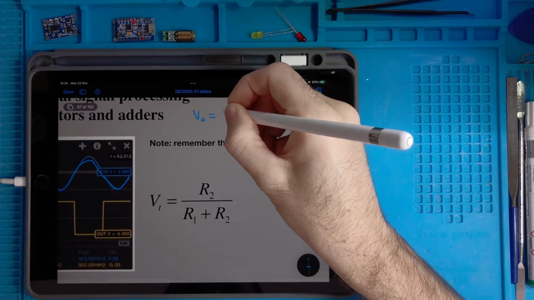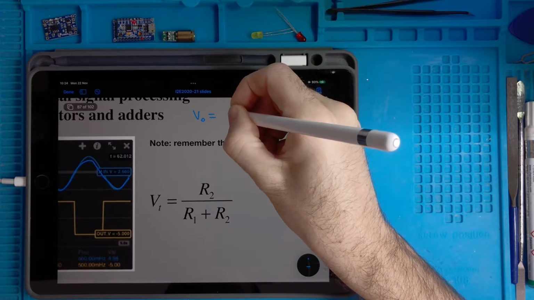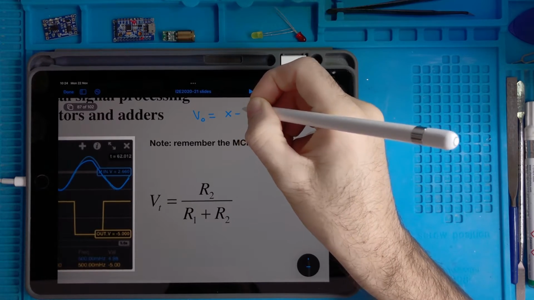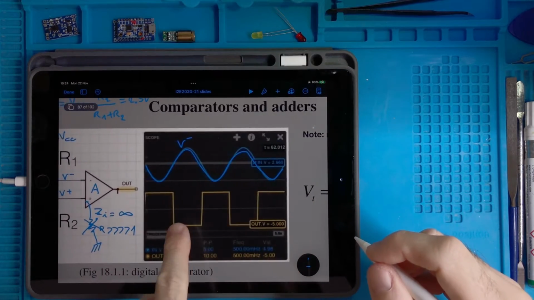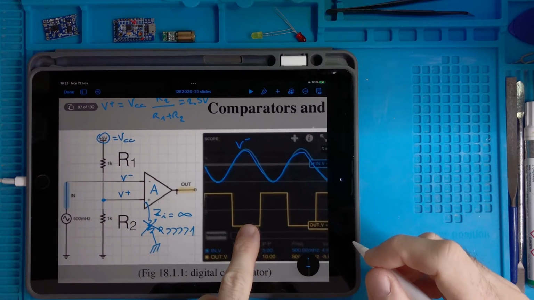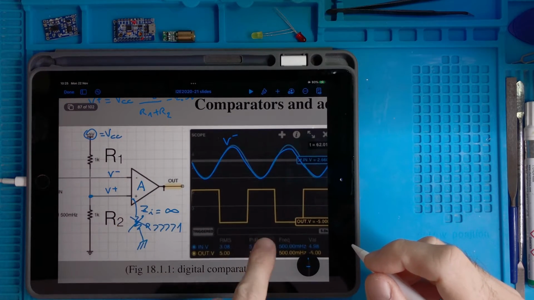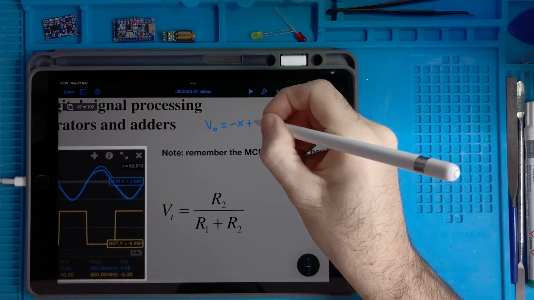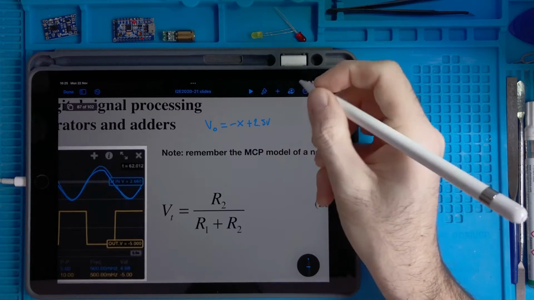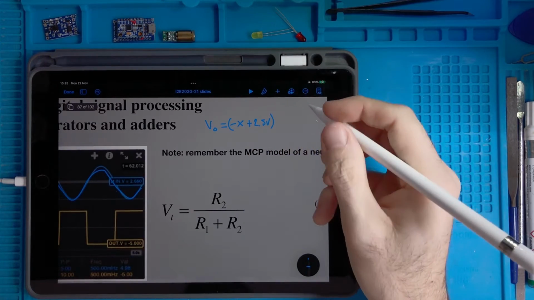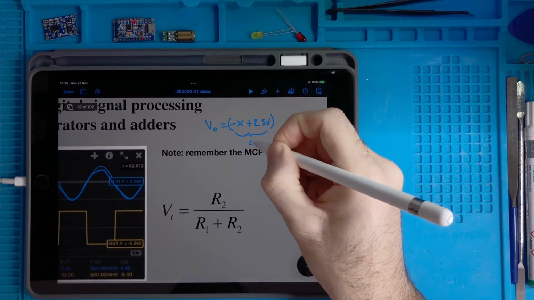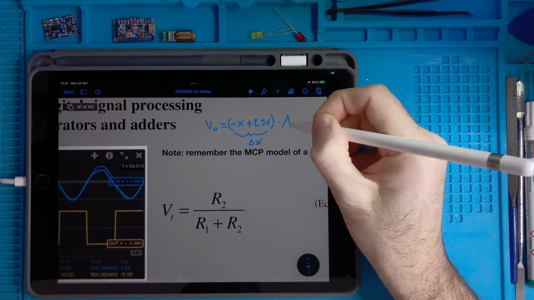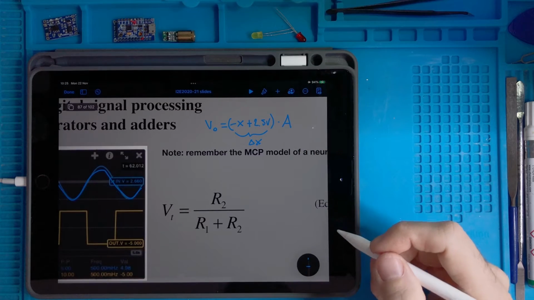Let's call the input X, inverted, so minus X, plus 2.5 volts. We can call this delta X if you prefer, multiplied by the open loop gain A.